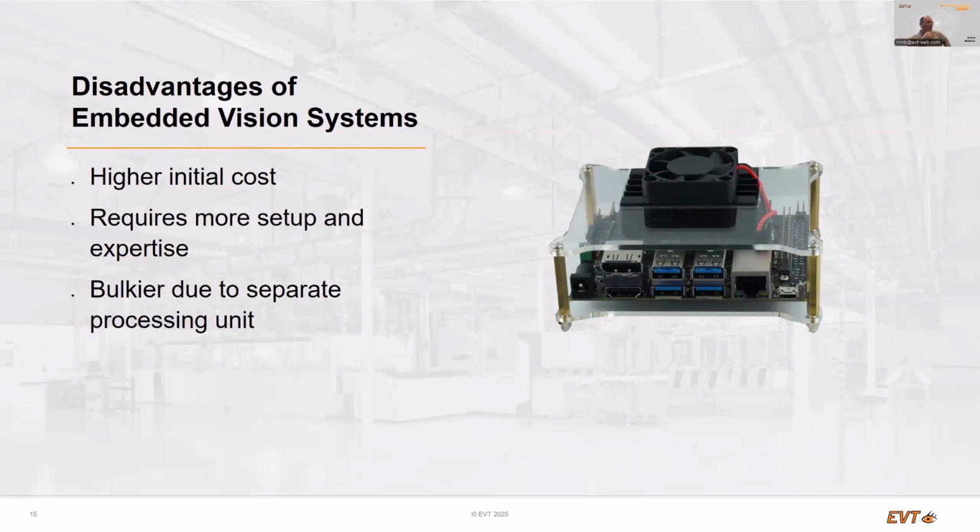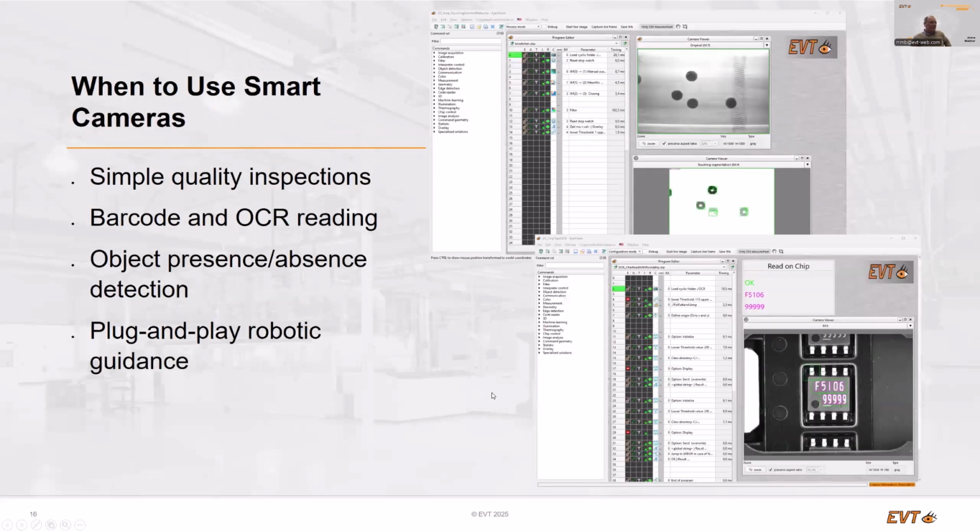You need some more time to make it up and running, but therefore you have the flexibility to add the features you need. And of course, you need some housing. It's not as small as a smart camera. It's always bigger, even if you make a nice compact housing.